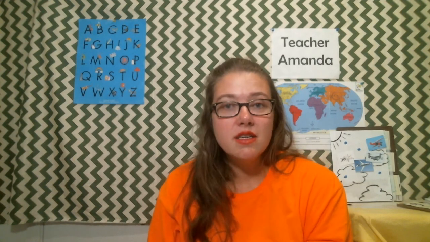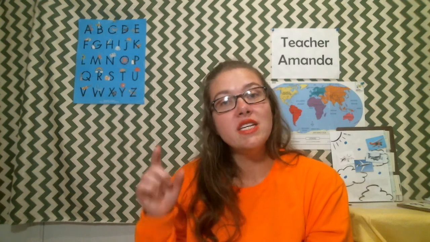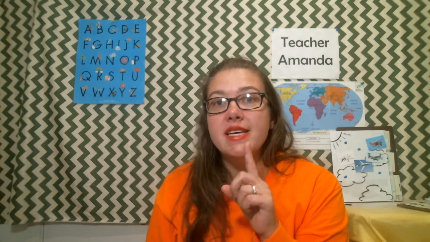If they say, in China there are many famous landmarks. A landmark is a place or a building that is famous and important. Don't interrupt them. Wait till they're done. Go back, circle the word, and say famous. Sometimes clapping it out, if it's a harder word.